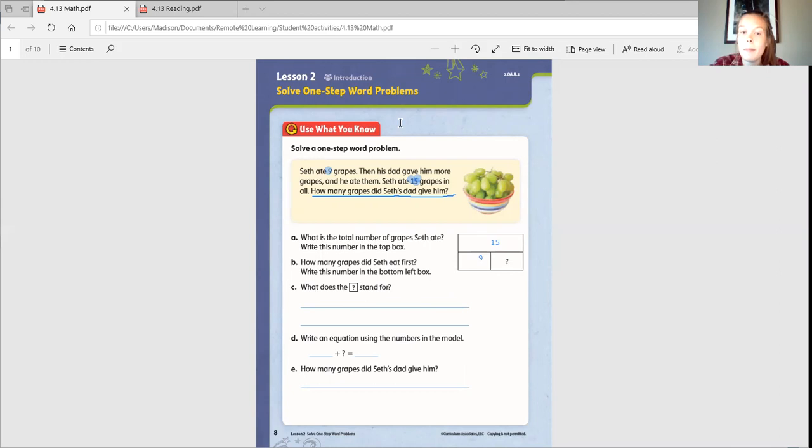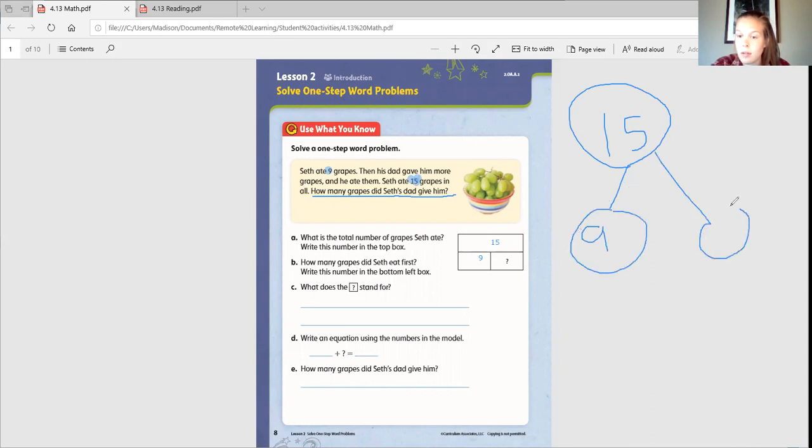Now, if you remember, we were making number bonds using these numbers, our whole and our parts. So I could have 15 up here in a circle, and then break it down to our 9, and then our other number that would go right here. I'll label this part up here as our whole, because that's the total amount.